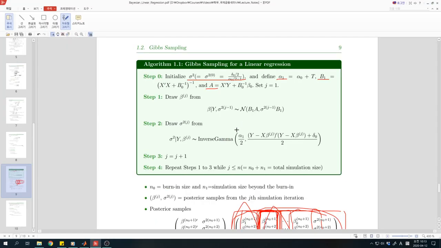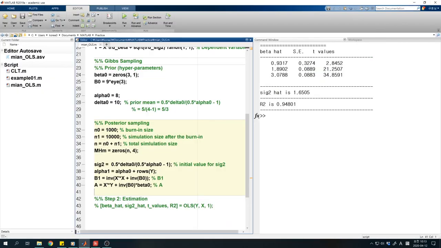So then you see that B1 times A is the full conditional mean of beta, and this doesn't change over the iterations, right? So let me compute B1 times A first. Let me call this beta 1. Beta 1 equals B1 times A, semicolon.